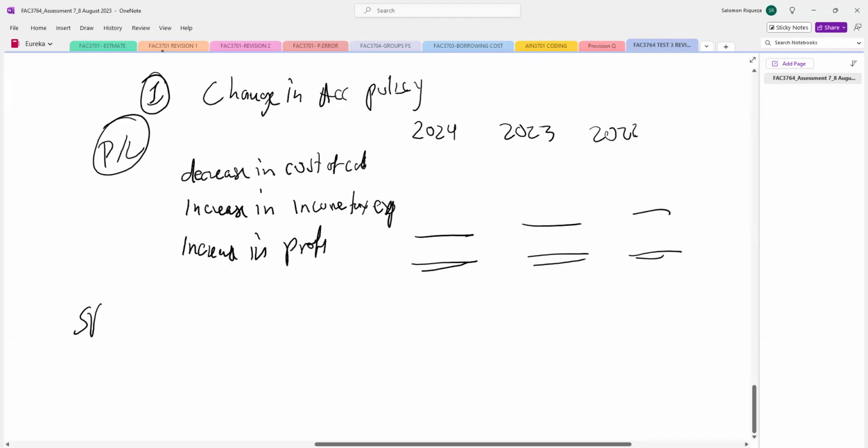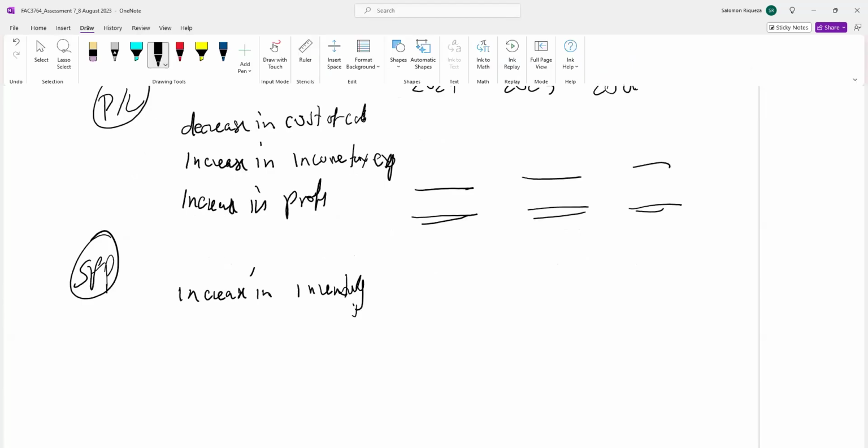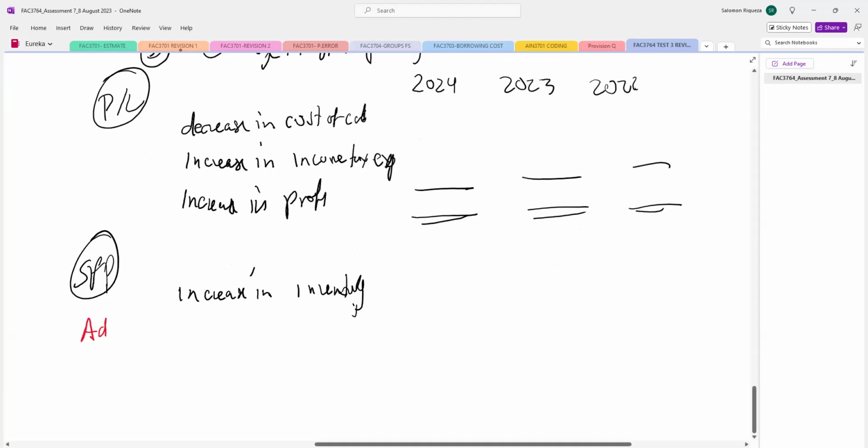Then my SFP section: an increase in inventory. Then, if SARS agree to the change, there's going to be an increase in current tax liability.